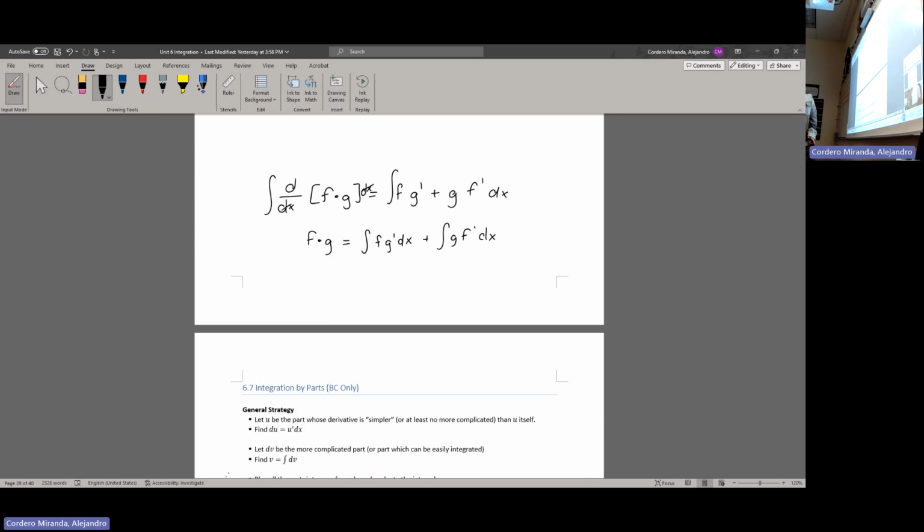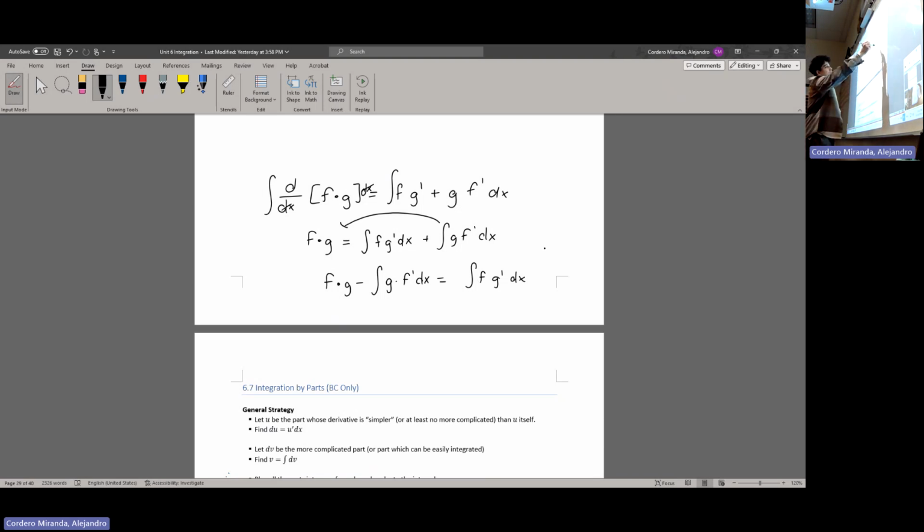And then where this integration by parts comes from is if you move this to the other side, you get f times g minus the integral of g times f prime dx is equal to the integral of f times g prime dx. In the formal formula that I gave you, they use u and v instead of f and g, but this is equivalent.